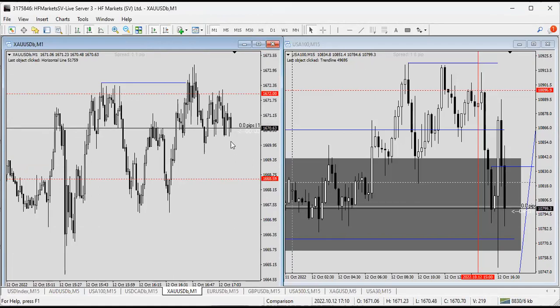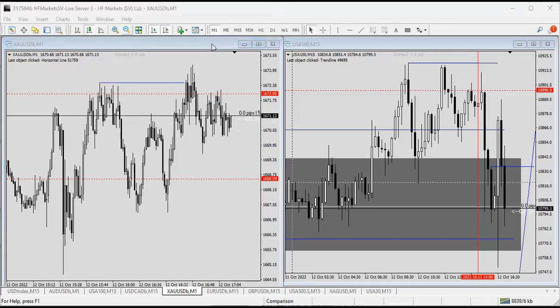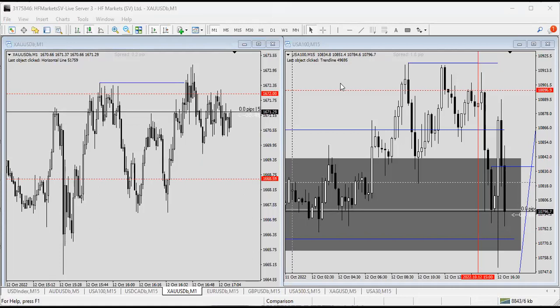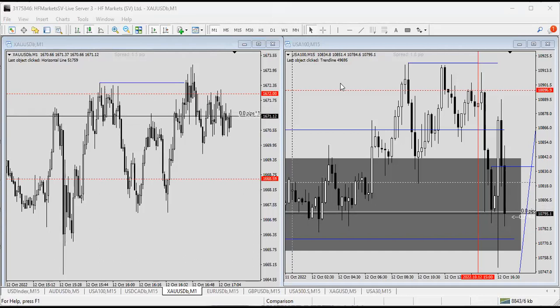And the time is 10:10 a.m. It could go lower than 1400. I think it could go lower. But there are a lot of fundamentals driving it right now, so gotta be careful.